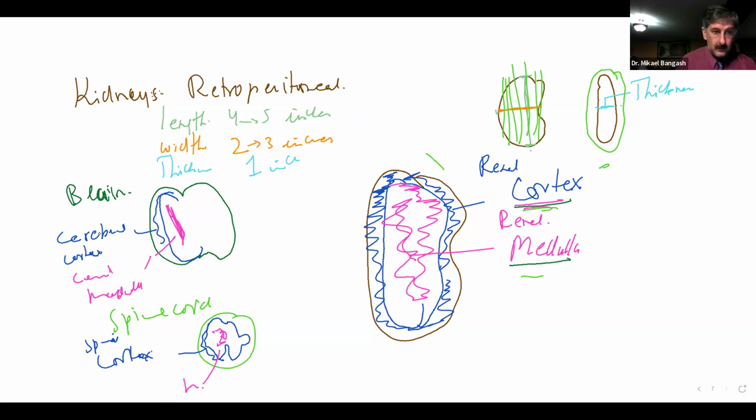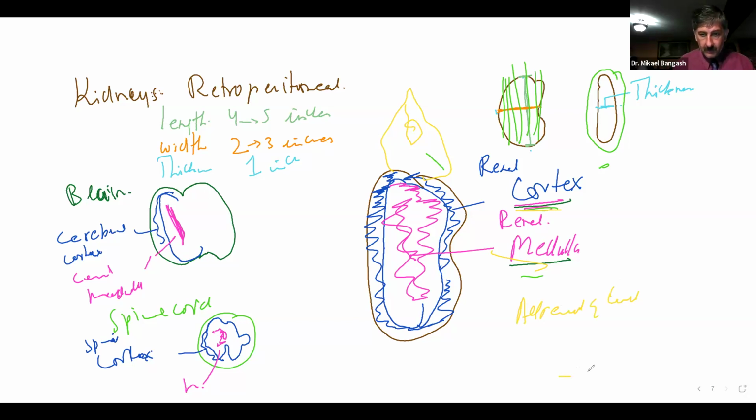Likewise, this very same arrangement of cortex and medulla is also found in a gland on top of your kidney, which is the adrenal gland.